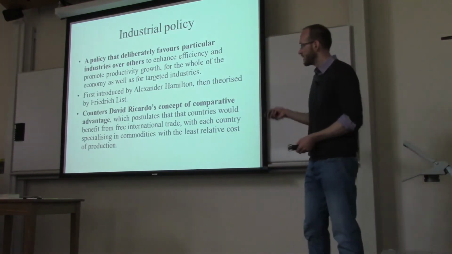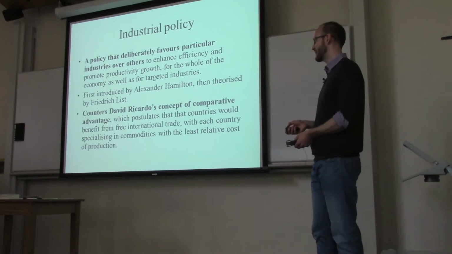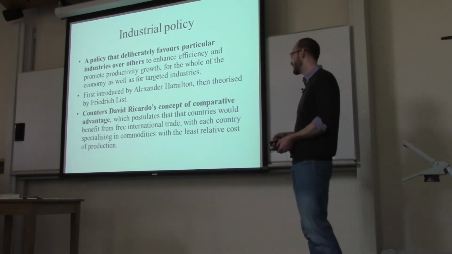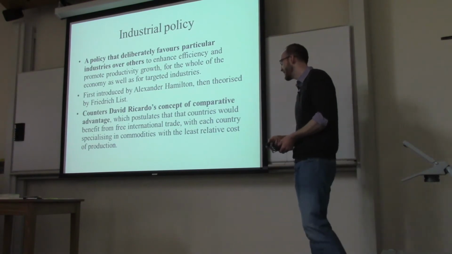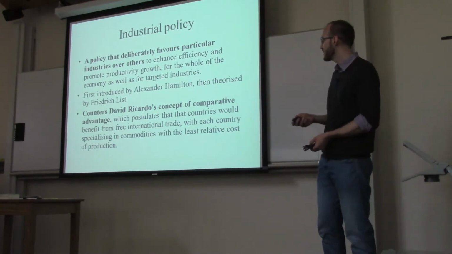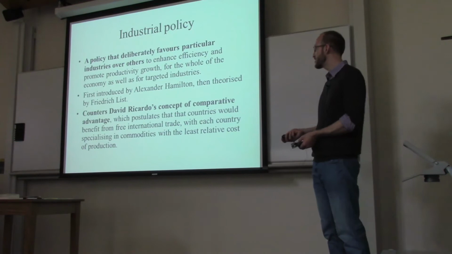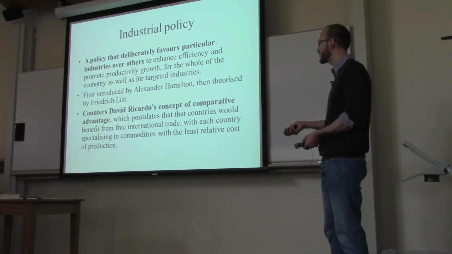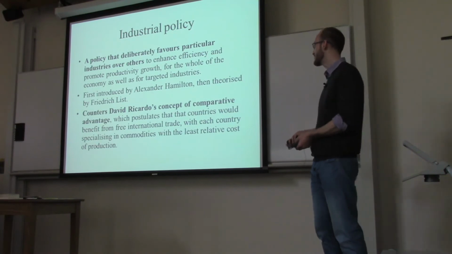Now this is, Vasiliki talked about this last time, a counterargument to David Ricardo's concept of comparative advantage, which postulates that countries would benefit from free international trade, with each country specializing in the goods with the least relative cost of production.